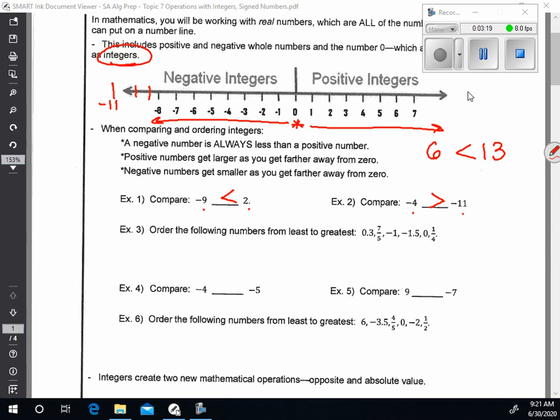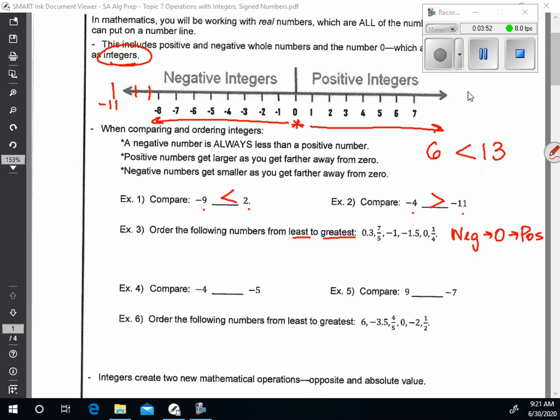Example 3, order the following numbers from least to greatest. So you have 0.3, 7/5, -1, -1.5, 0, and 1/4. If you look at it in terms of a number line, since you're going from least to greatest, you start with the negative numbers first, then 0, and then your positive numbers.